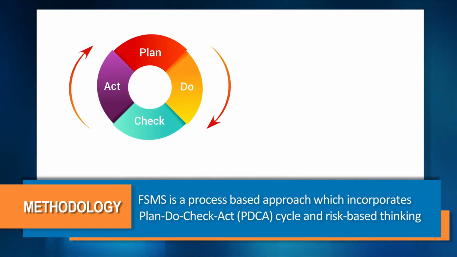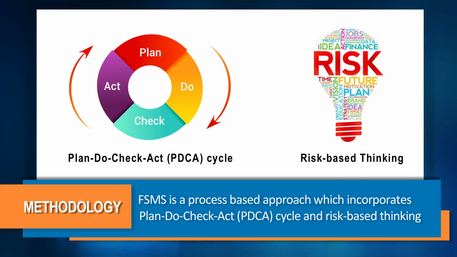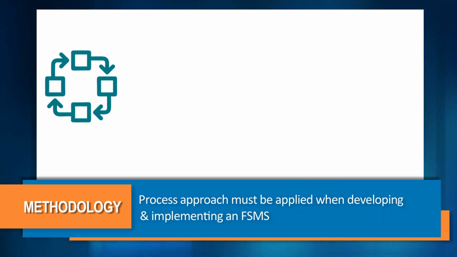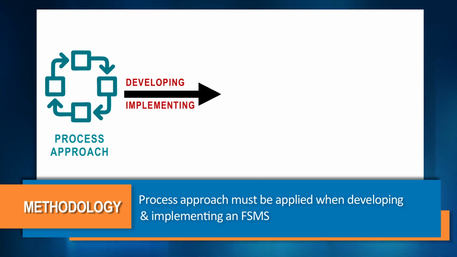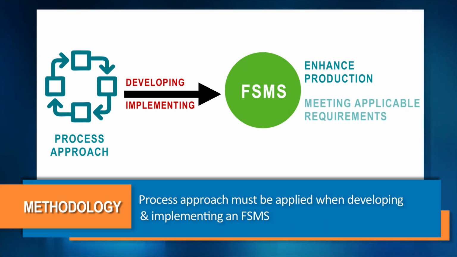FSMS is a process-based approach which incorporates the Plan, Do, Check, Act, that is PDCA cycle, and risk-based thinking. The process approach must be applied when developing and implementing an FSMS and improving its effectiveness to enhance production of safe food products and services while meeting applicable requirements.